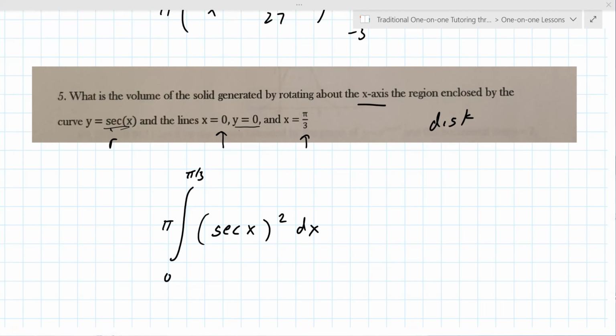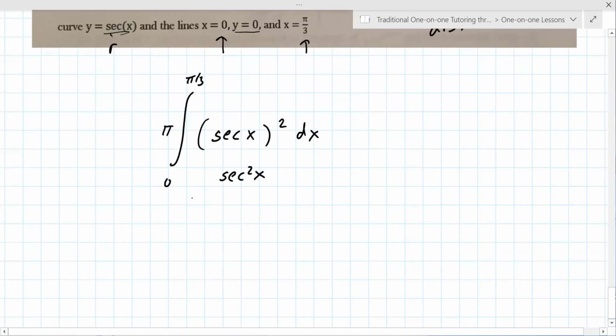All right, so this one, the antiderivative of secant squared. Do you recall that one? Or the derivative of what gets you to secant squared? So it ends up being just tangent. If you have time, I would definitely recommend looking at that.